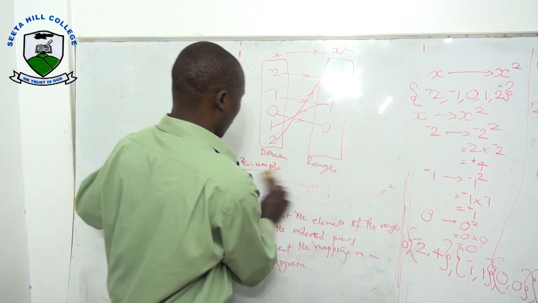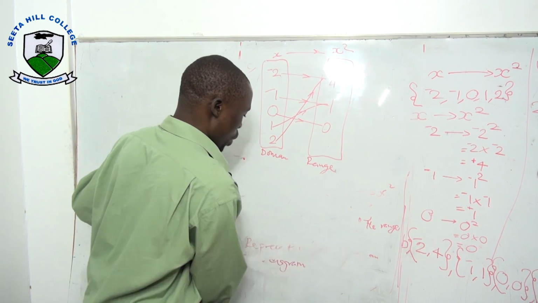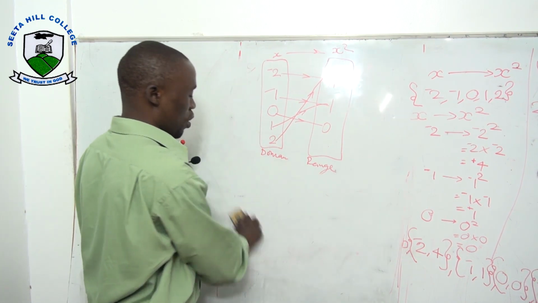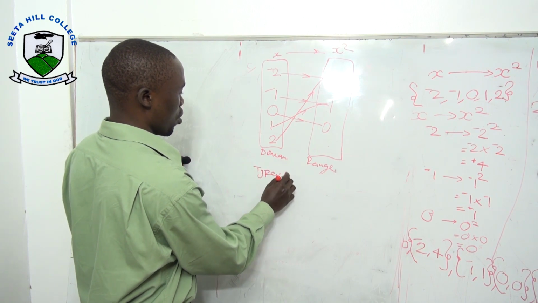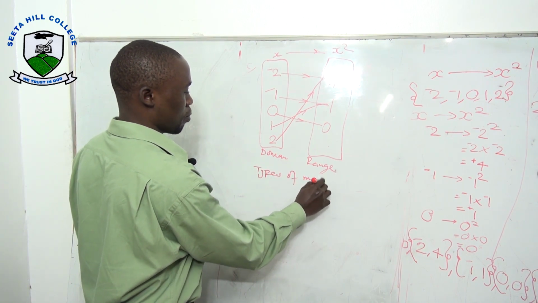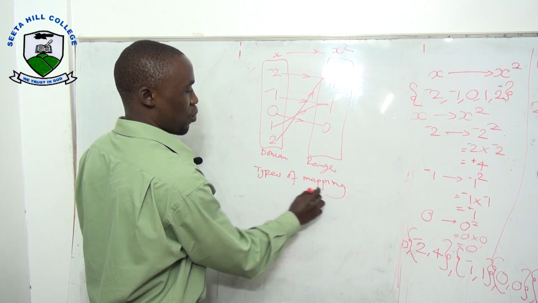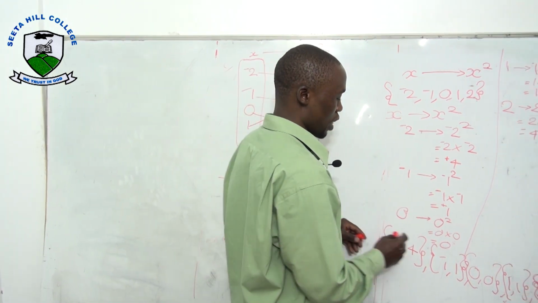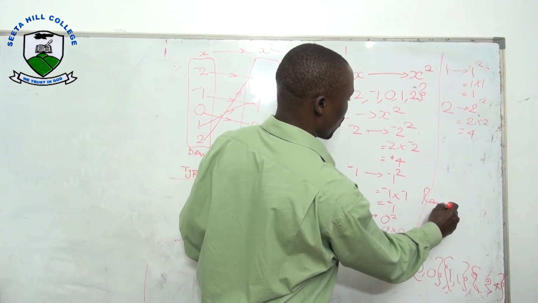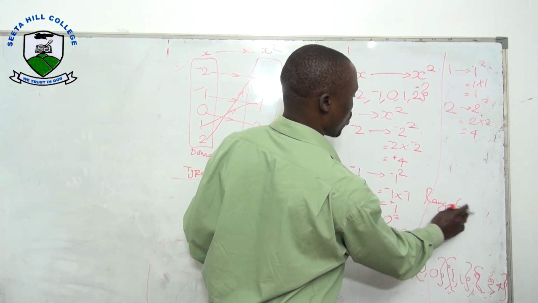Now we are switching on to what we are calling types of mappings. We have said don't repeat the range. In fact, your range that you should have written was 4, 0, 1.